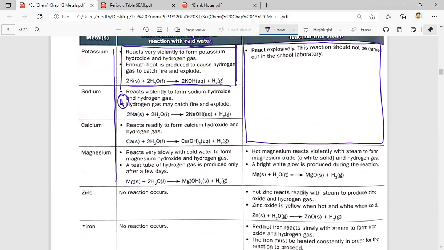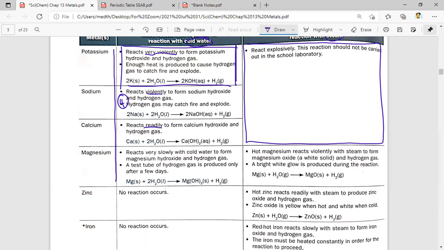Now, look at them in order. Potassium reacts very violently. Sodium reacts violently. So based on the two descriptions, you know that potassium is definitely more reactive than sodium. That's why potassium is above sodium. Comparing sodium and calcium, sodium reacts violently, calcium only reacts readily.